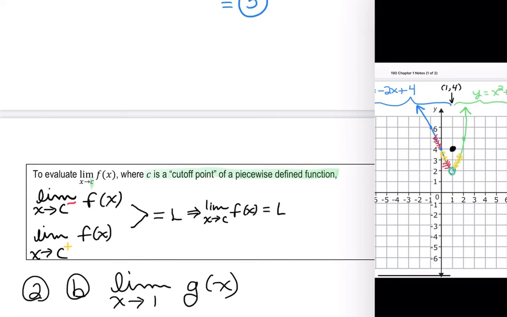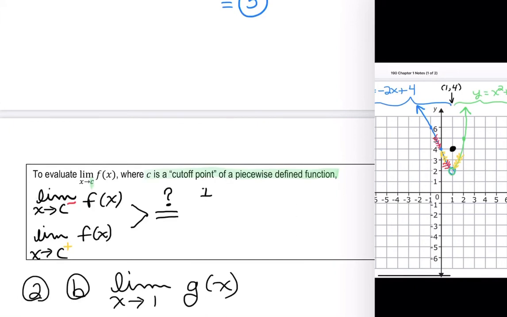Actually, I'm going to write this a little bit differently. It's exactly the same thing. Let's just pose it this way. Let's say we look at these two and ask ourselves, are those two equal to each other?